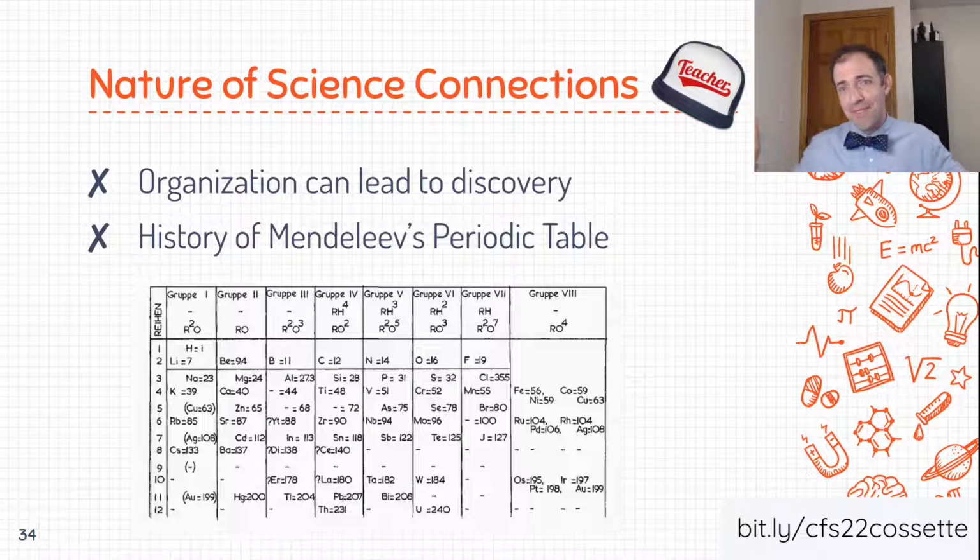Mendeleev, when he first presented his periodic table, wasn't well known for being the first person to organize it. Other people had done that. His big thing was he used his organization to predict something that had never been discovered before. He discovered, theoretically, gallium before anybody had physically found it, and he did that based on the patterns he saw in his organizational structure.